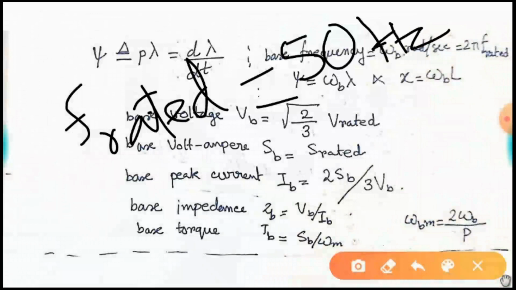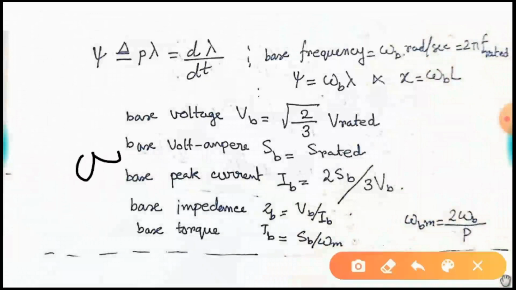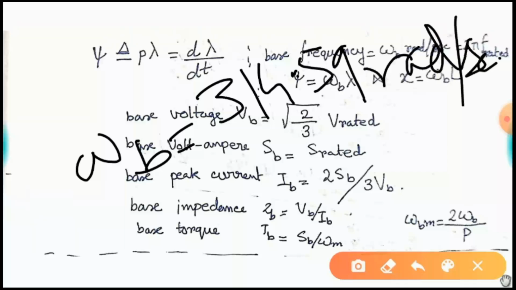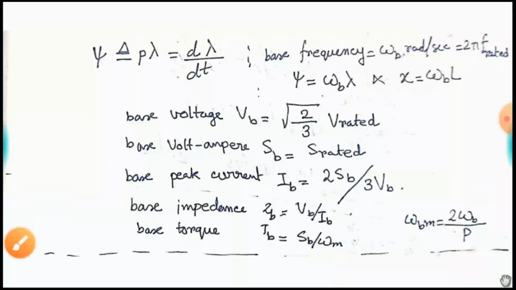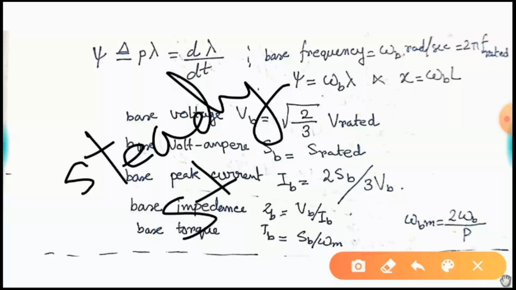So this omega b in the case of India becomes 314.59 rad per second. Now, this model is valid only for steady state. It is not valid for transients.